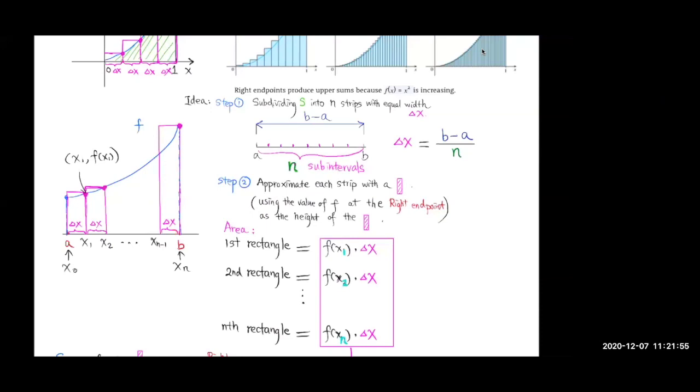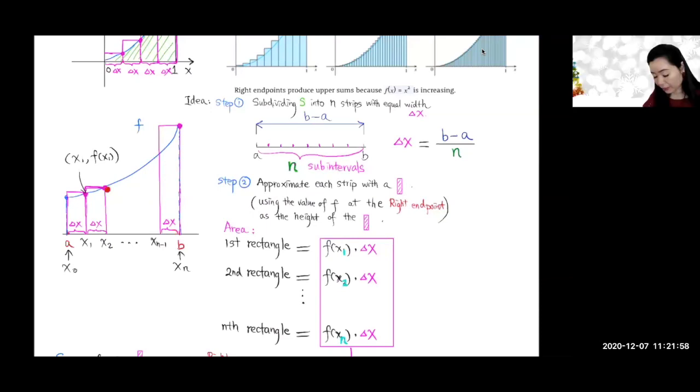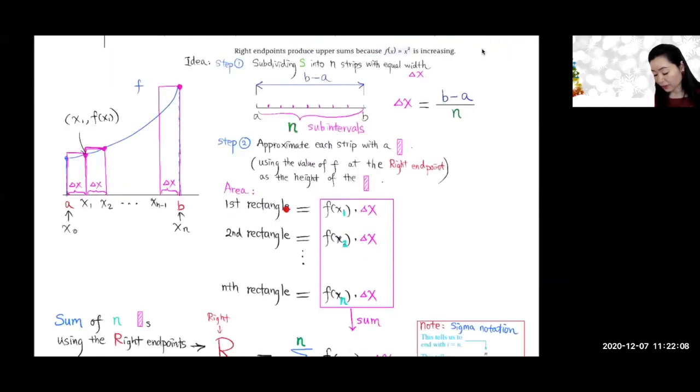I take the right endpoint and use that height as the length of the rectangle, and the width will be delta x. So the first rectangle takes the y coordinate at this point, which is f of x1, times the width delta x. So f of x1 times delta x gives the area of the first rectangle. f of x2 times delta x gives the area of the second rectangle.